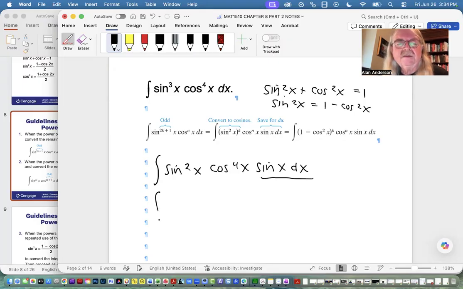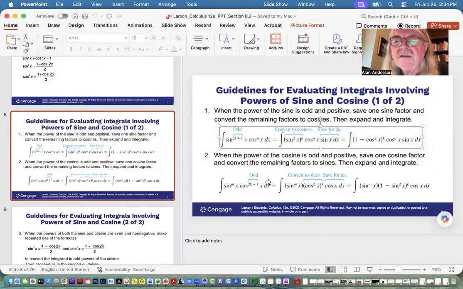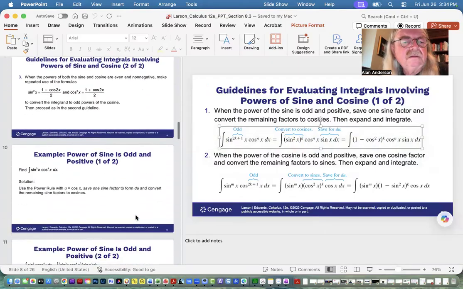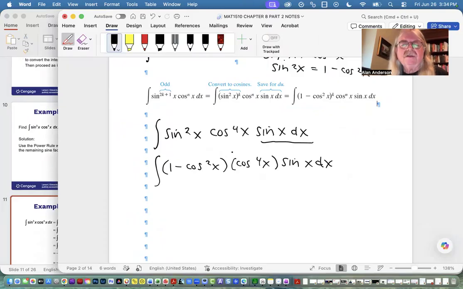So in other words, this becomes 1 minus cosine squared x, times cosine to the fourth of x. Okay, now it still appears to be a bit of a mess, but we can multiply this out. Okay, so let's do that.